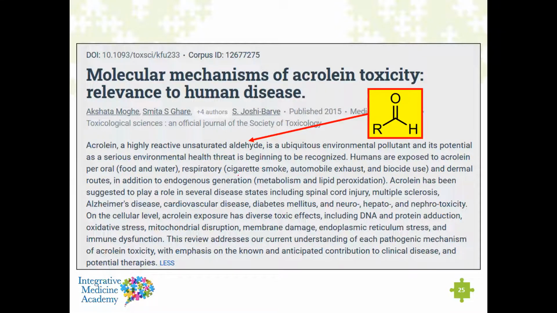So acrolein can be due to food and water contamination, cigarette smoke, automobile exhaust, biocide use, that would be basically like an algicide. Just remember that this chemical group is fairly reactive chemically. So reactions at an organic acid level can generate DNA damage, protein damage, oxidative stress, mitochondrial damage.